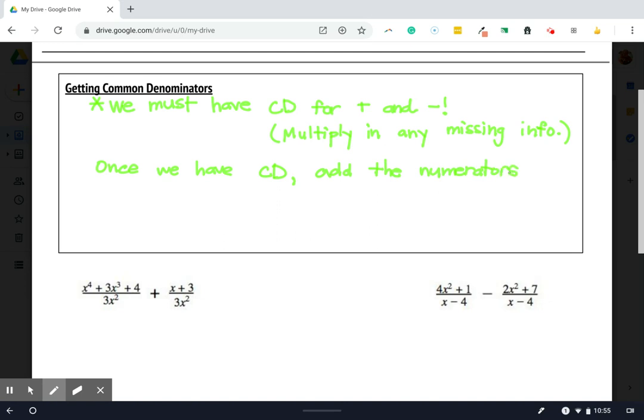So as I'm looking at this, 3x squared and 3x squared, that is common denominators. Same with x minus 4, x minus 4.